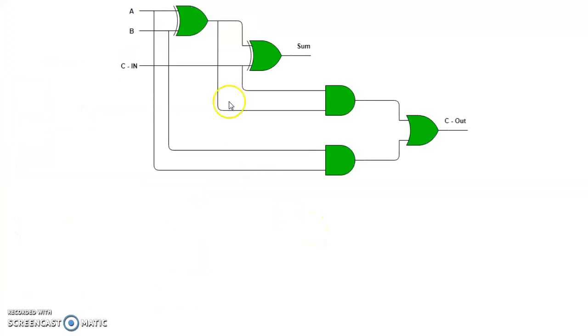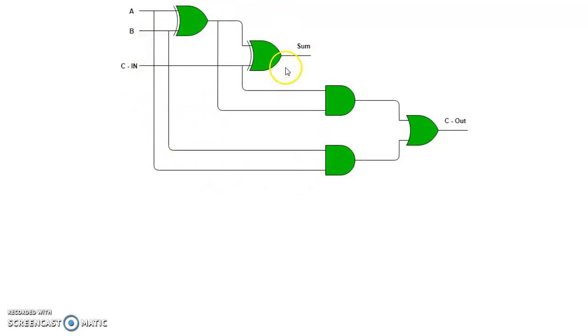Next we come to the logic circuit of a full adder. By using these two expressions we construct the logic circuit of a full adder.